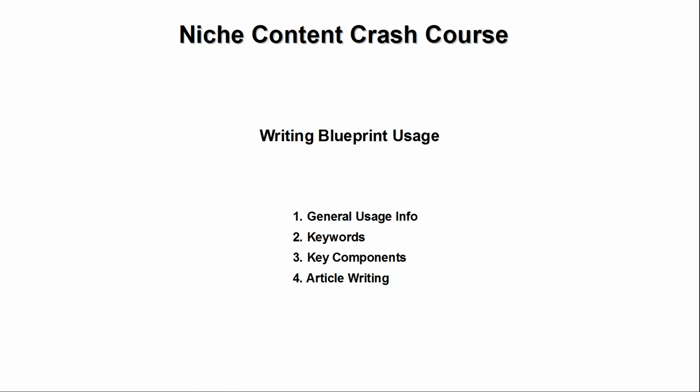So with that said, this writing blueprint is intended to let you kind of codify an article, if you will, breaking the article writing process down into a series of easier to understand steps and concepts.